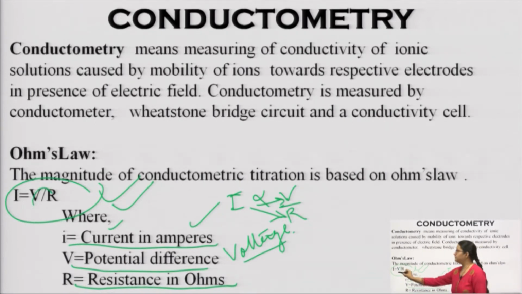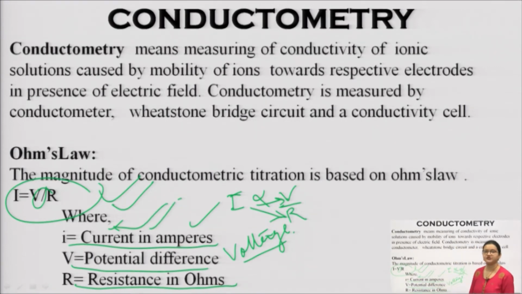If this component V changes, then I will also definitely change. So measuring I, the current in amperes, will measure V, the voltage or electrode potential, which is again dependent upon the conductance, or number of charged ions in the analyte solution or test solution, which is to be determined.